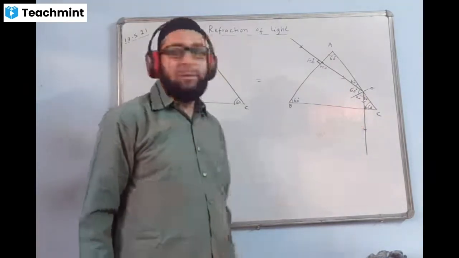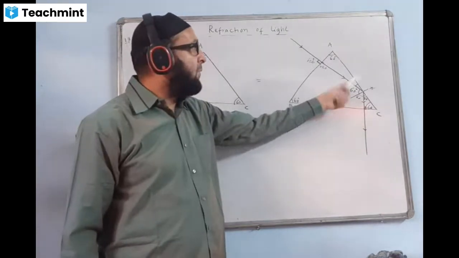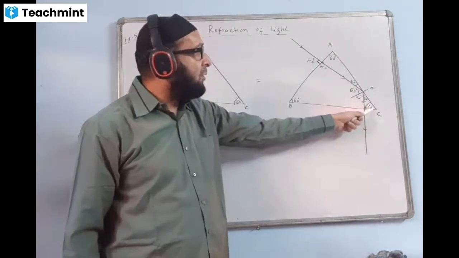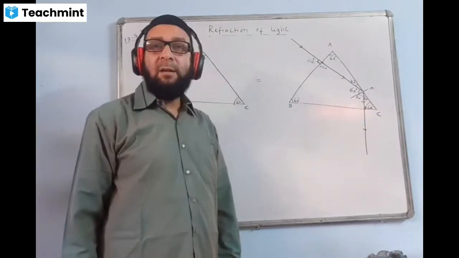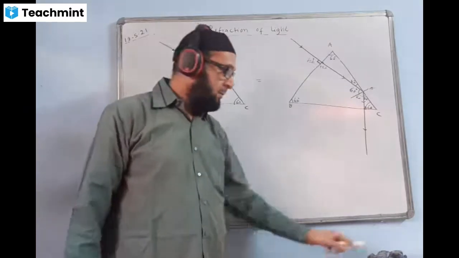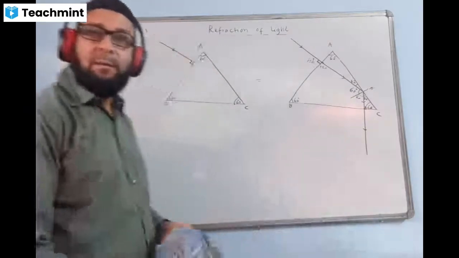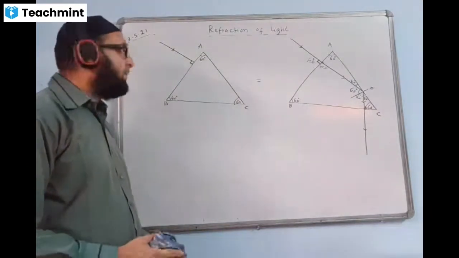So this angle becomes 90. This side angle will be one angle of that triangle and another angle is already here. So two angles are known. We can always calculate the third angle here and then accordingly we'll be completing. Understood, boys?